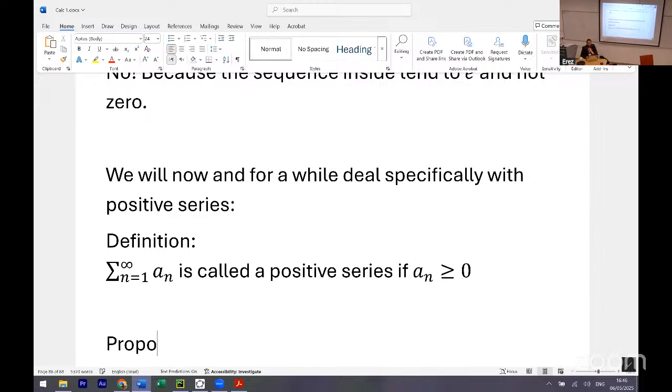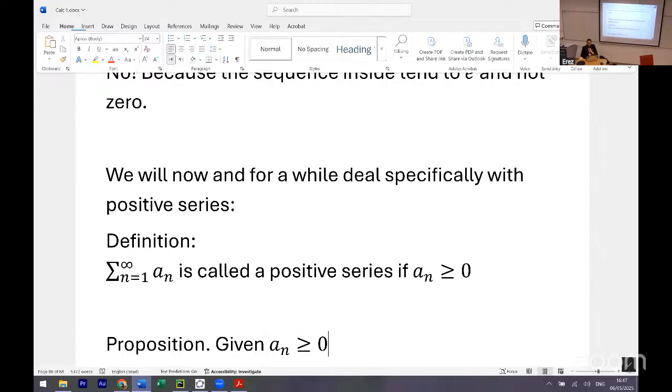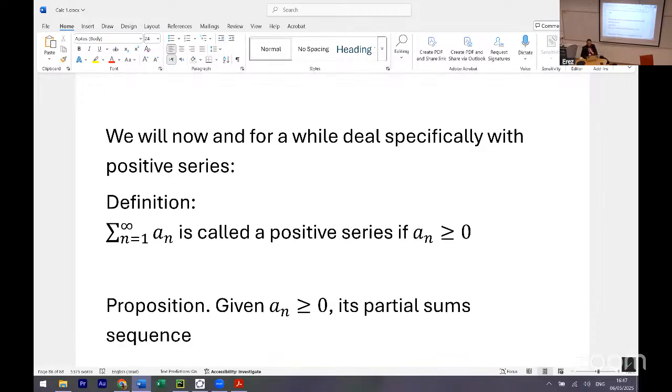Proposition: given an which is greater or equal to 0, its partial sums sequence Sn is... continue the sentence.